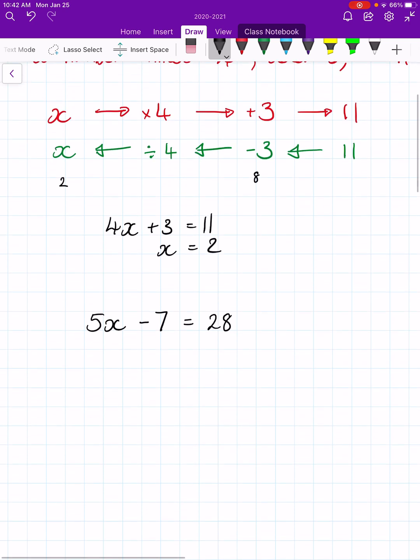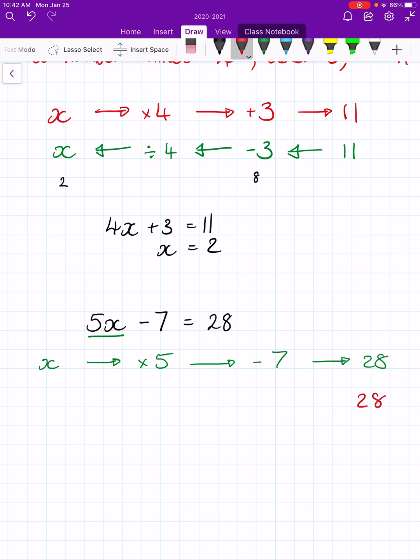Let's see that in action a couple more times. Here we've got 5x minus 7. So I start with x. I'm told to times by 5, because I need to do the multiplication first. I then subtract 7, and the answer is 28. So reversing that, I start with the answer. The opposite of taking away 7 is to add 7.